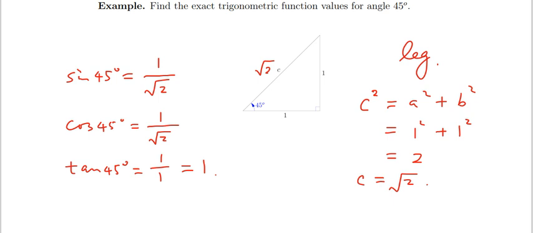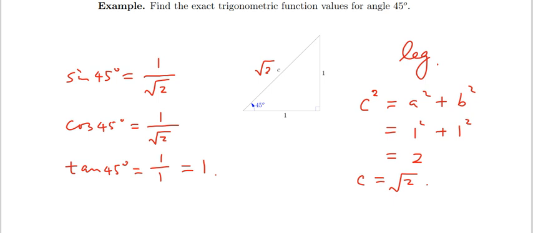So tangent 45 degree equals 1, right? Once we have sine, cosine, tangent, we can easily find cotangent and cosecant. So sine 45 or cosine 45 degree is 1 over radical 2.